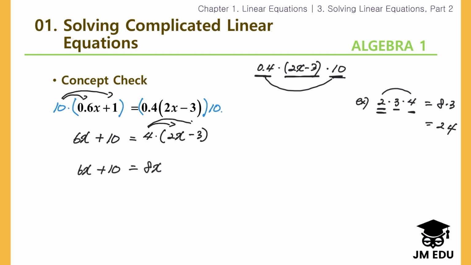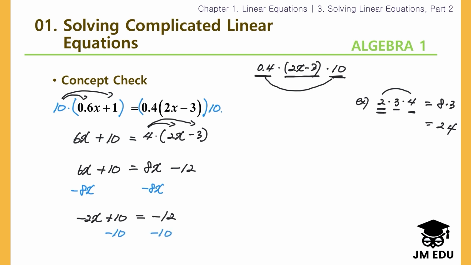4 times minus 3, that's minus 12. So next step, I'm going to eliminate 8x by subtracting 8x from each side. So 6x minus 8x, that's minus 2x plus 10 is equal to 8x minus 8x, that's a 0. So what we have here is minus 12. Now subtract 10 from each side.